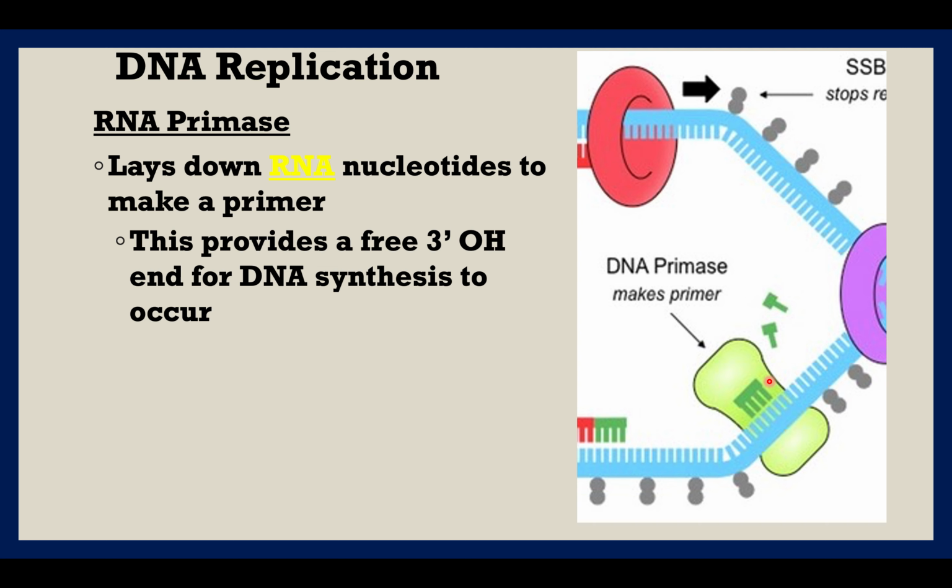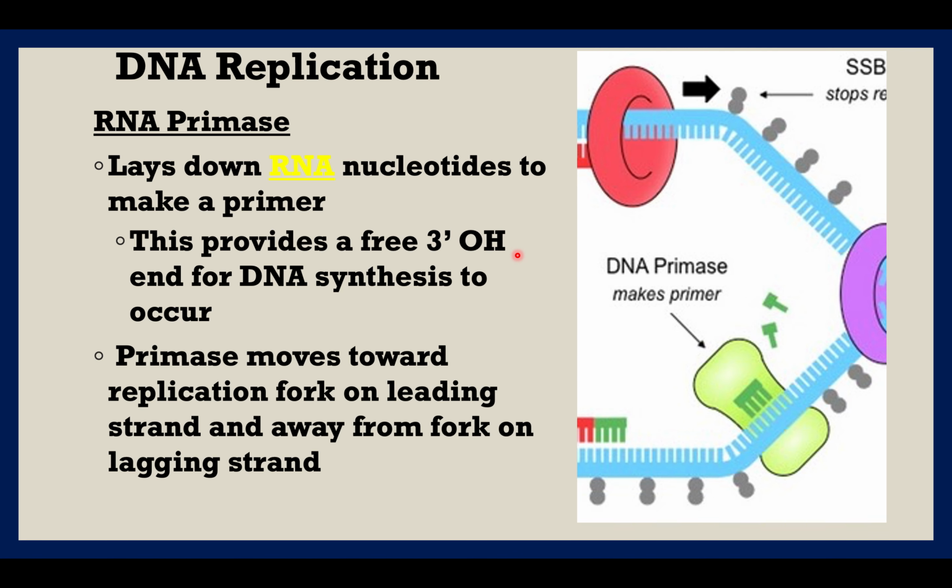So, as I was saying, this provides the 3' hydroxy end for DNA synthesis to occur. That is the work of primase, because DNA polymerase needs that 3' hydroxy in order to lay down its nucleotides.